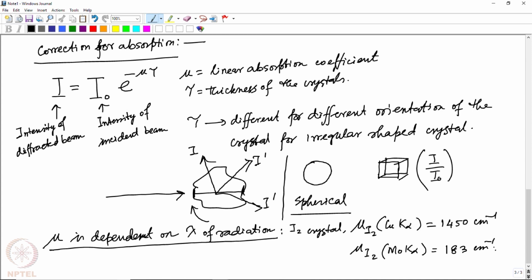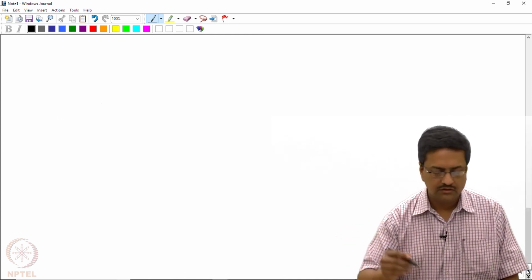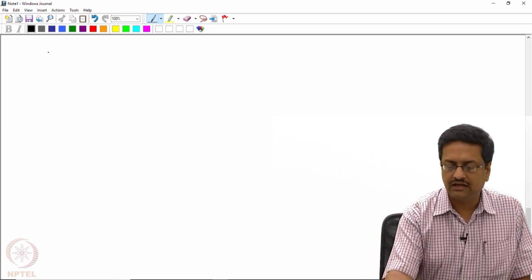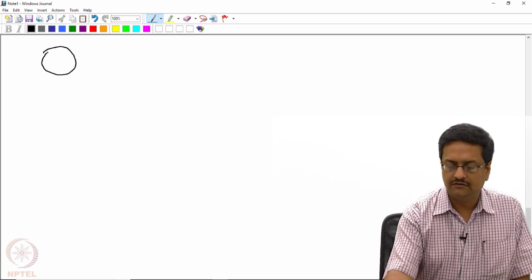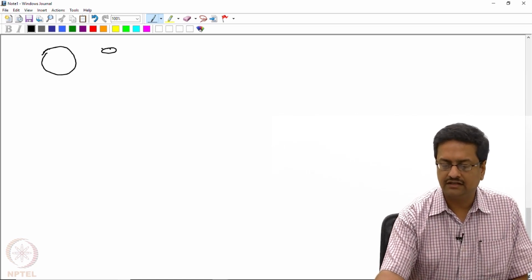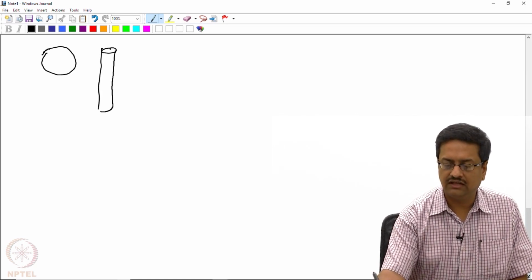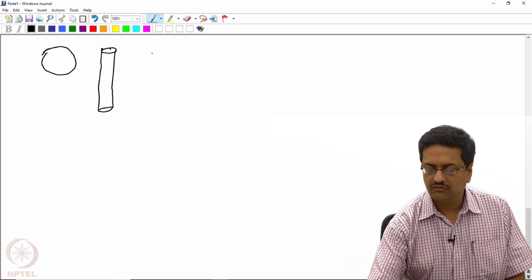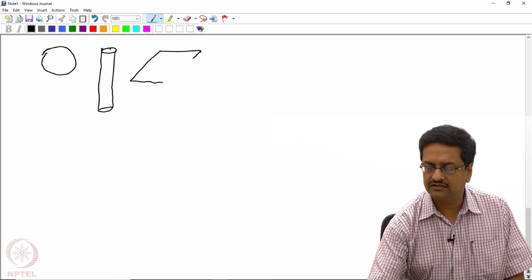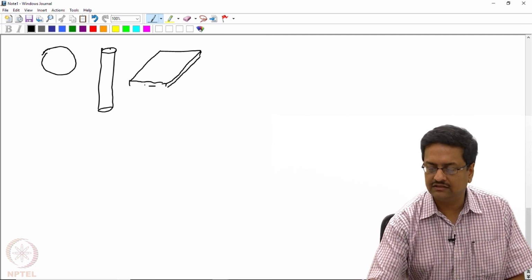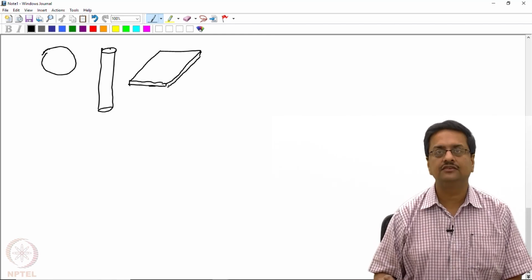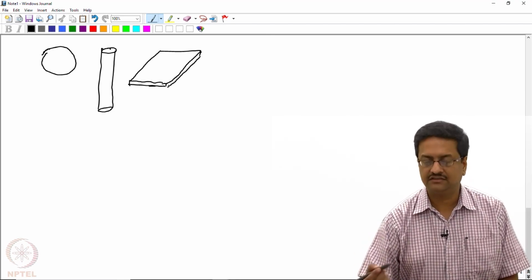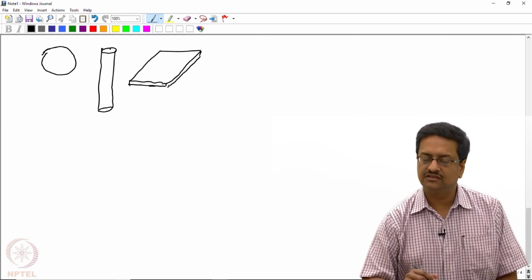So based on the actual shape of the crystal, which could be near a sphere, which could be like a cylinder, which we call a needle-shaped crystal, or one may end up getting a thin plate-like crystal, and one has to then determine the exact size of the crystal using a microscope and a Vernier scale associated with the microscope.